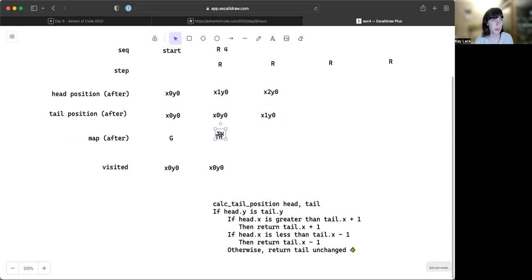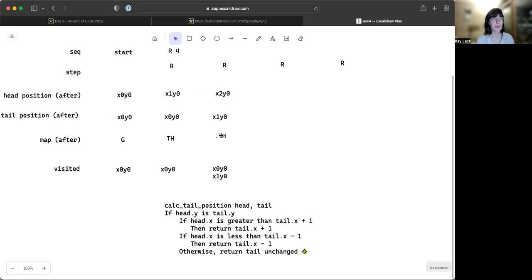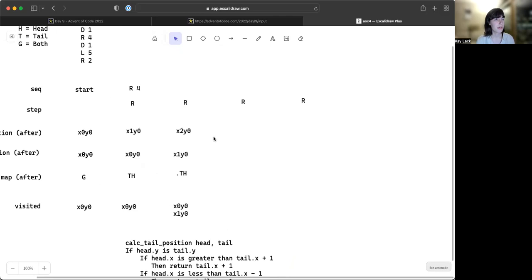And so the output picture is this. And we visited x1, y0. So we're just tracking all the positions of tail. We can store this in a set, so that'll be fine. Great.